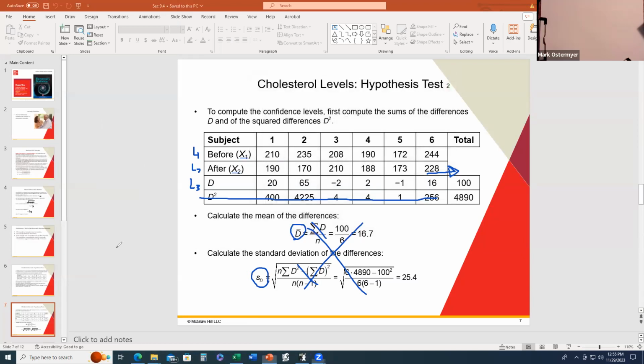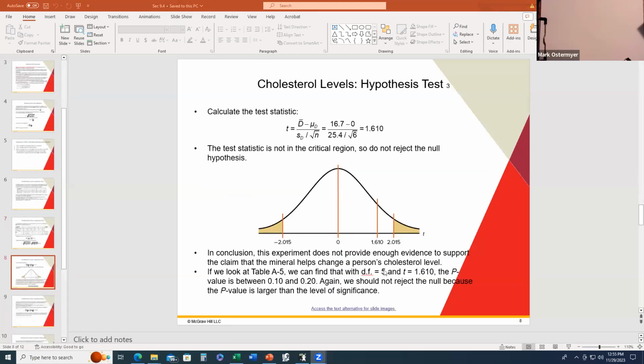Okay, so now knowing the mean and the standard deviation of our differences, we should be able to compute our test statistic value. And using the aforementioned formula, the numbers get put in where they belong. 16.7 goes in for D bar, right? The standard deviation of the difference is 25.4 divided by the square root of the number of ordered pairs, which is 6. 1.610 is your test statistic. Notice mu sub d is under the null assumption.